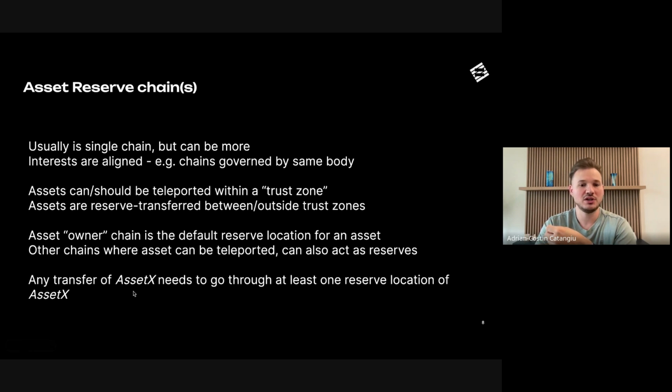If you get it from chain B directly, the actual ownership of the assets is in chain B's sovereign account on chain A. So as long as chain A is not part of the protocol, part of the message exchange, it doesn't know to move the ownership from chain B's sovereign account to chain C.